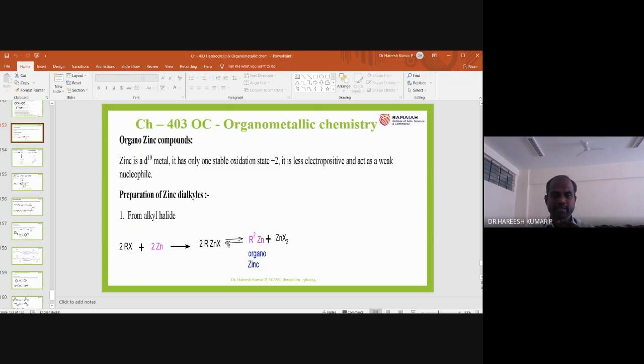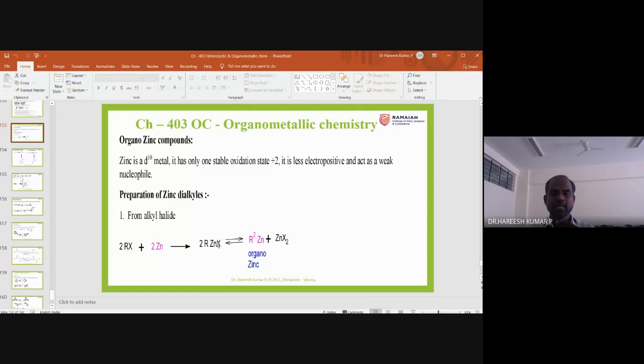So that is how a compound RZnX forms. Zn is forming a bond with R, and also it is forming a bond with the X minus. So this is what is called RZnX, that is, alkyl zinc halide.